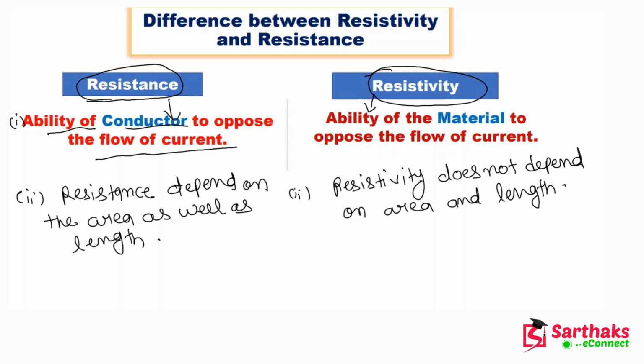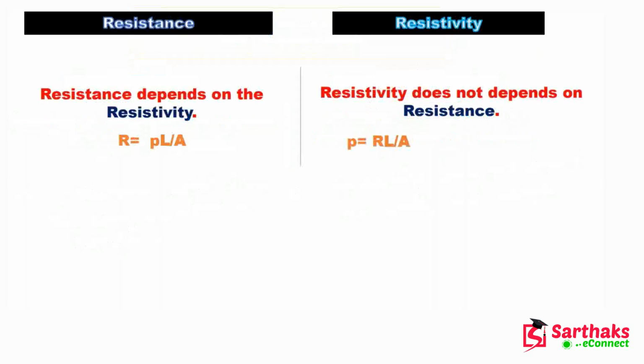So guys, after understanding this, let's move on to the next slide and try to understand what is there for us. Here the same thing is written, that resistance depends on the resistivity. So it is very important that resistance is dependent on the resistivity.